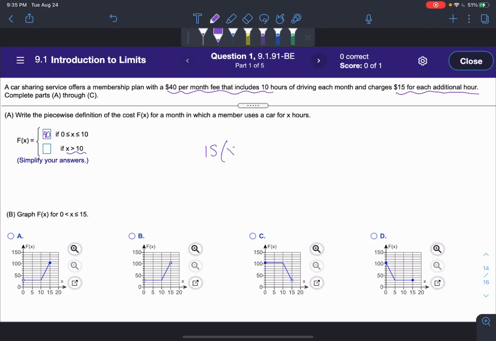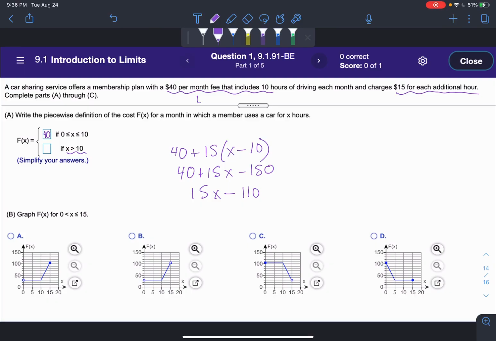It's not exactly just x though, because I'm only concerned about the additional hours. So I'm going to subtract out 10. But remember, I have to include this base price. So I'm going to do 40 plus. And if I do a little simplification, I get this minus 150, and so 15x minus 110.